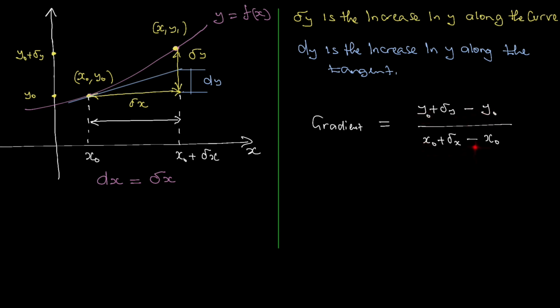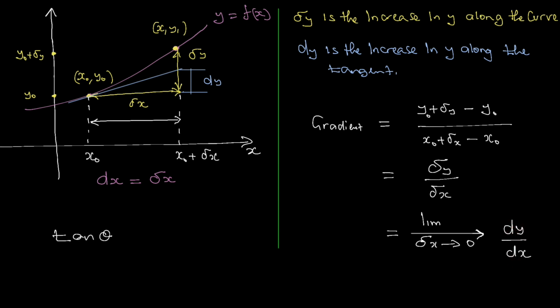The x naught cancels, and we're left with the change in y over change in x. In the limit, when we bring this down close to the tangent, that's what we meant by in the limit, whereby delta x gets smaller, and as it approaches 0, we then get dy dx. In the limit, delta y over delta x becomes dy dx.